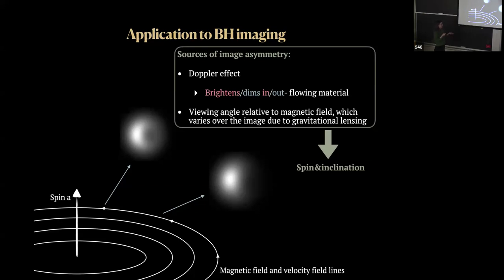And also, synchrotron emission is predominantly perpendicular to the magnetic field direction, so it matters what the magnetic field direction is in the image plane, and also magnetic field lines are bent due to gravitational lensing. So this is how in the HT images we're trying to understand what the spin of the black hole is and the inclination of the disk of the black hole relative to us observers.